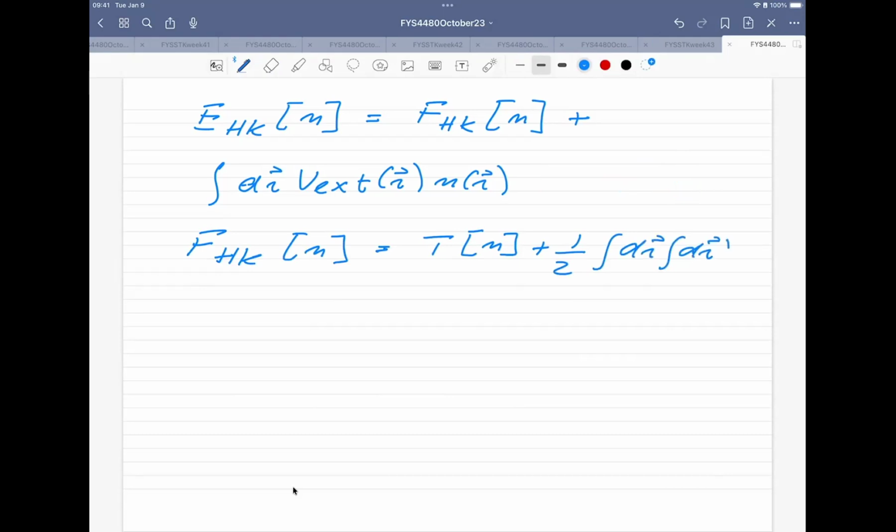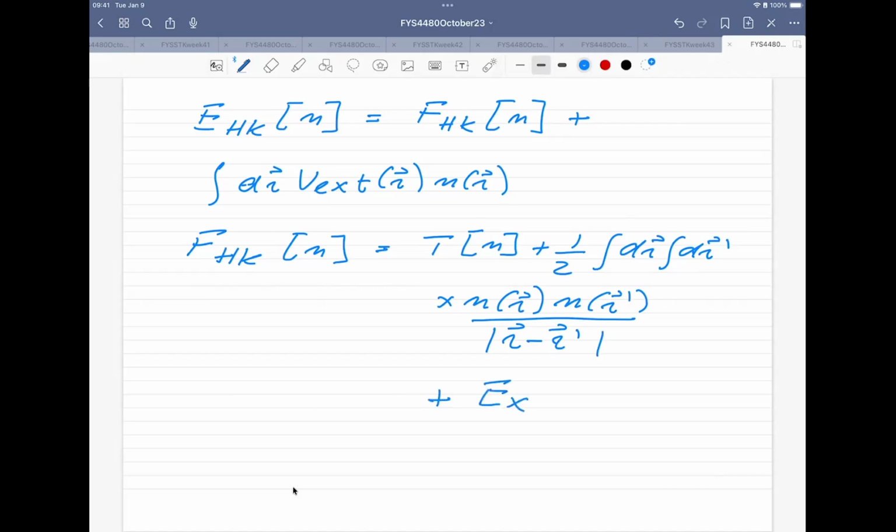And this is in particular if we're dealing with fermions, times n of r multiplied with n of r prime, and this is divided by the Coulomb interaction in the relative distance. So we are setting in something like the Coulomb interaction between two electrons. You could replace this one with another type of interaction. So if you're dealing with nuclear systems, that could be the strong nuclear force, plus this exchange part.